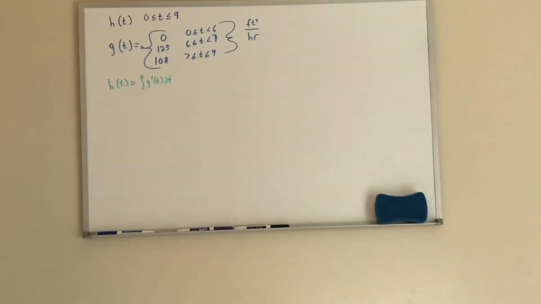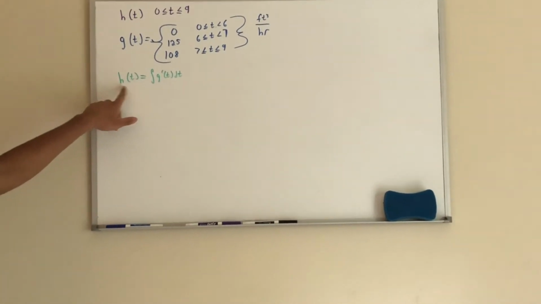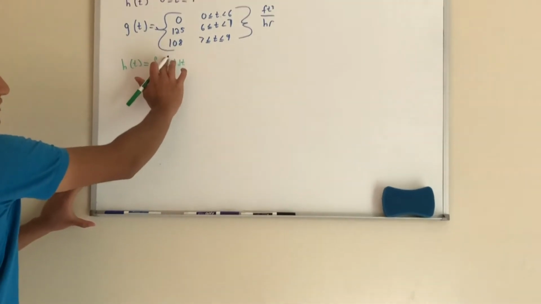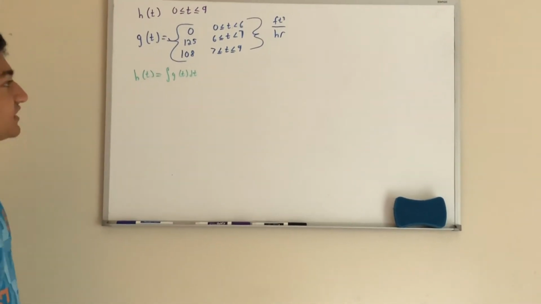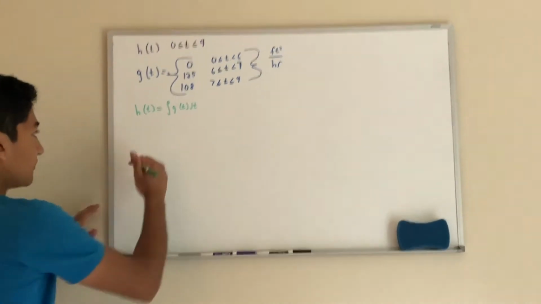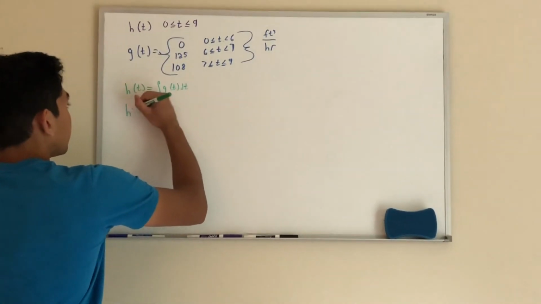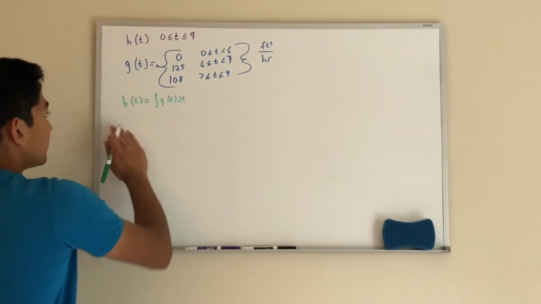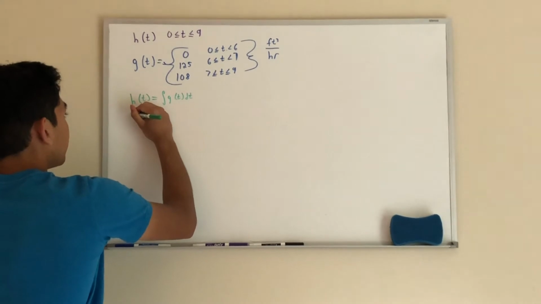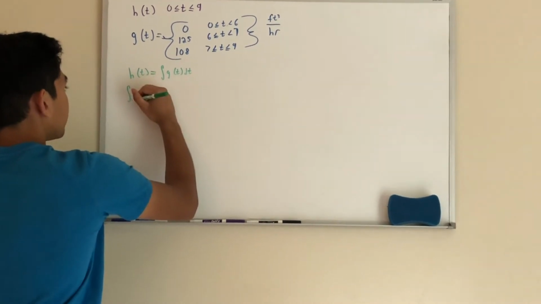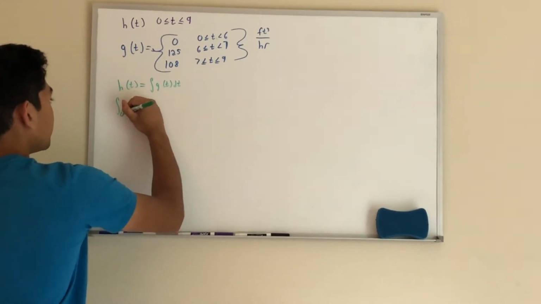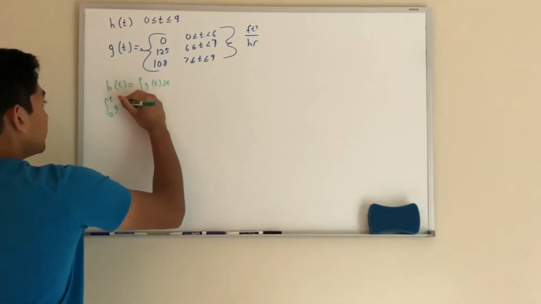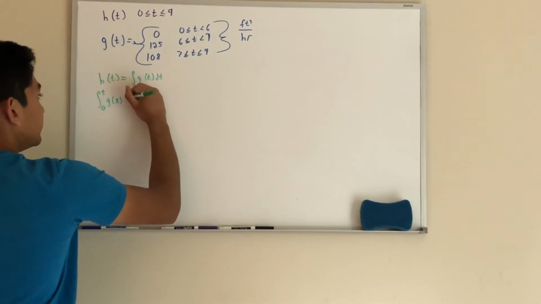Right, so now if we want to find what h of t is at any time t, we would take the integral of g of t. So, let's say the integral from 0 to any time t of g of x dx.